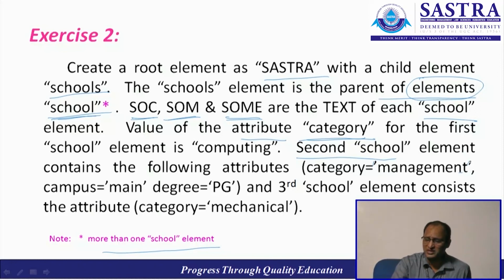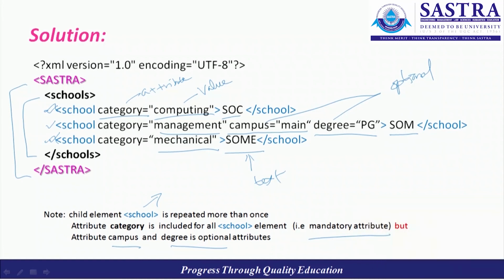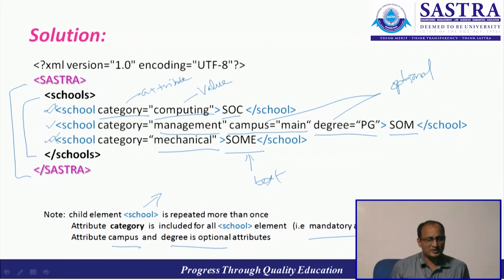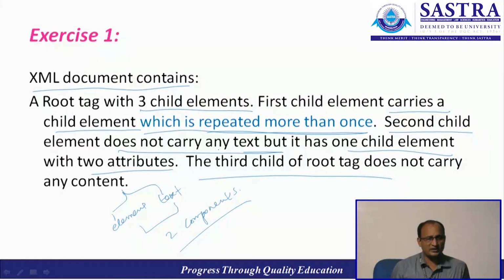So, remember this convention. All attribute values must be double quoted. I have given it properly. So far, this XML document has been given for exercise 2 as well as exercise 1.